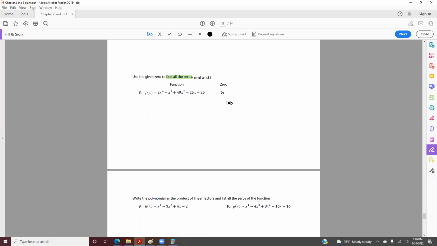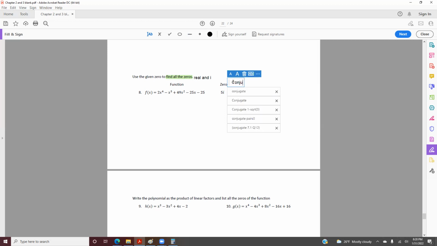Okay, so that means the zeros can be anything we want. This is a power 4 and they give us a zero of 5i. So can someone tell me another zero here? Would it just be -5i? Yep, the conjugate. Okay, the conjugate pair.